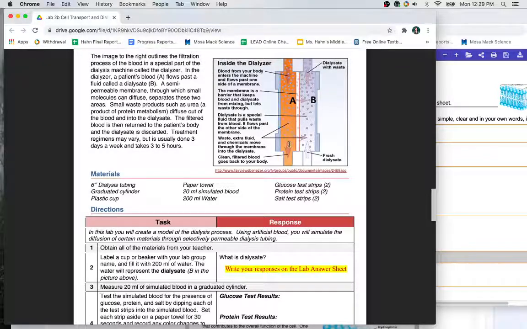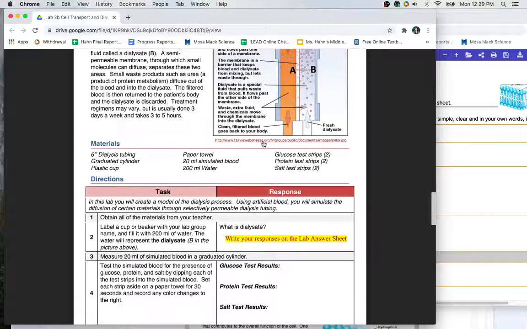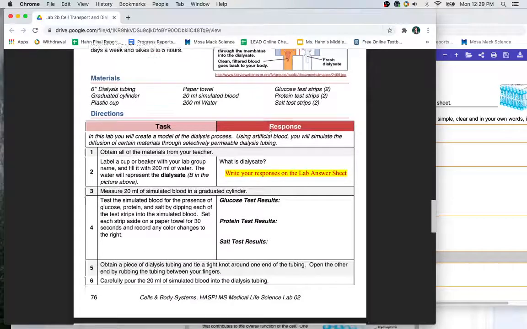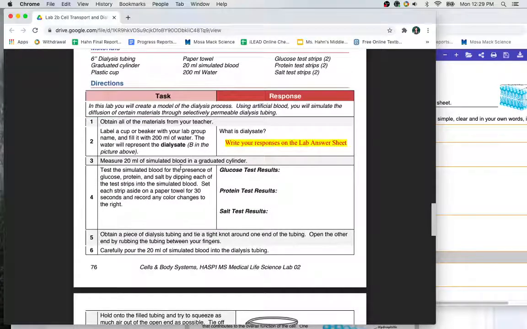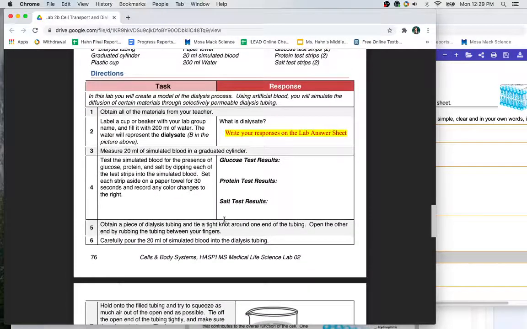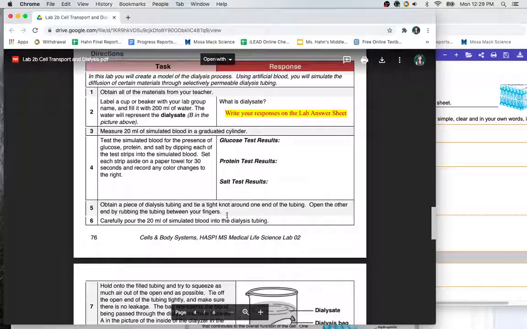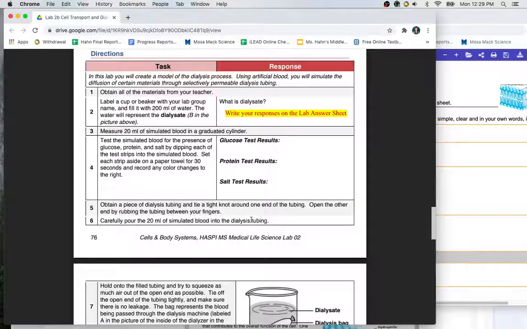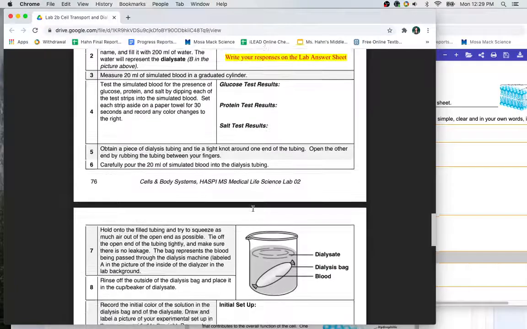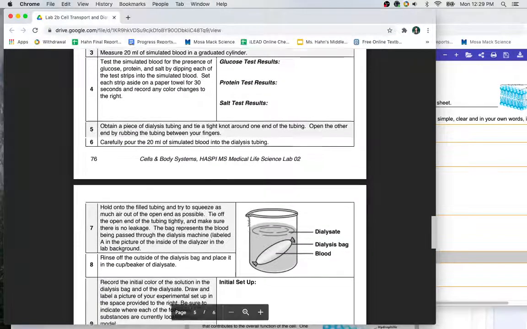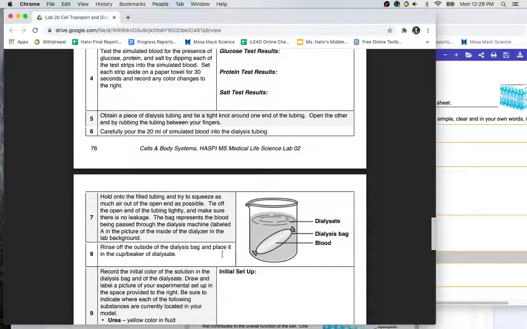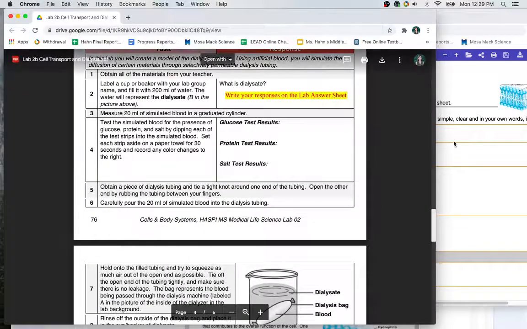Then we're going to test our simulated blood, put it in dialysis tubing, and then put the tubing into a cup of dialysate. So let's go ahead and do that first, and then we will come back to our lab.